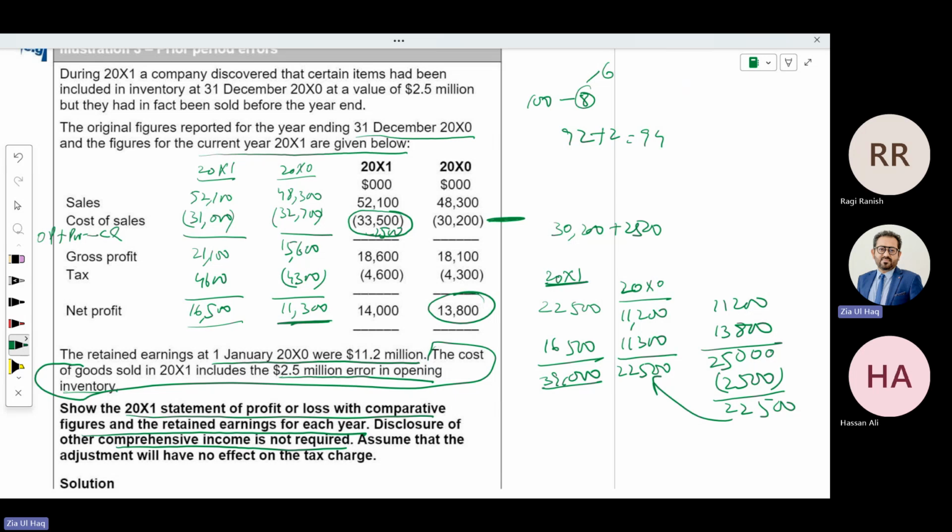That is the same. Mean we need to adjust opening retained earning in current year. This was coming, but we need to adjust with 22,500 through this adjustment of closing inventory figure that was included in the profit. Can you understand this?